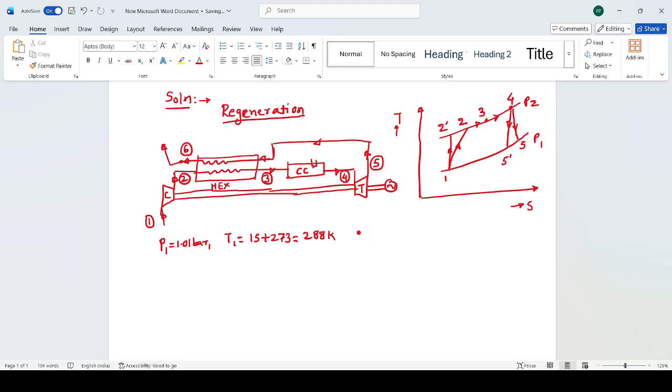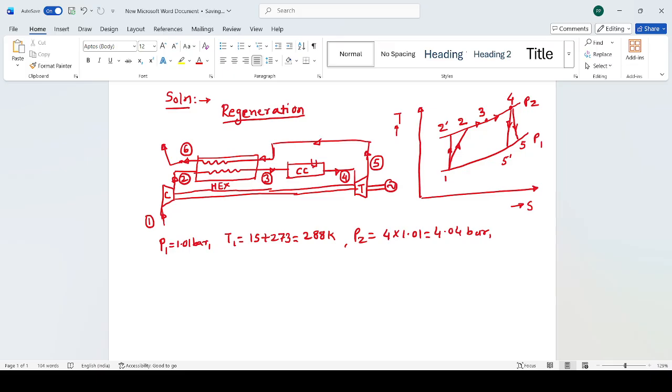The pressure ratio is given as 4, isn't it? The pressure of the air after compression is 4 times the initial pressure, so 4 multiplied by 1.01. So the pressure after compression, P2, is 4.04 bar. Very simple to understand.